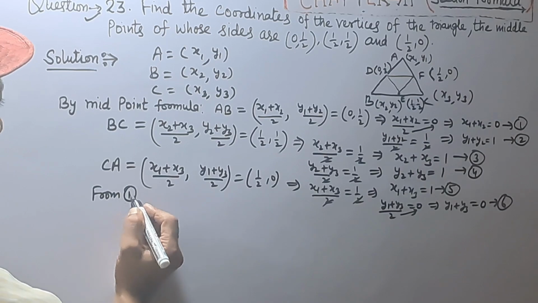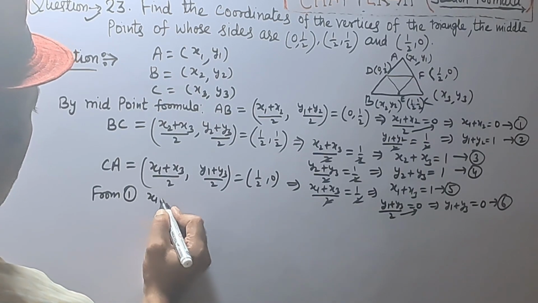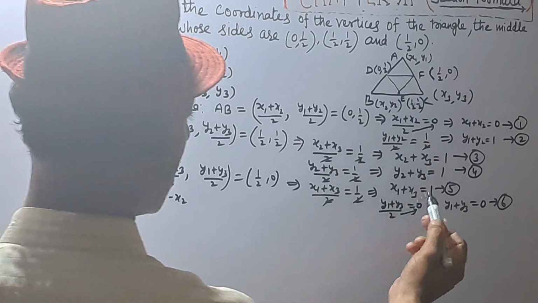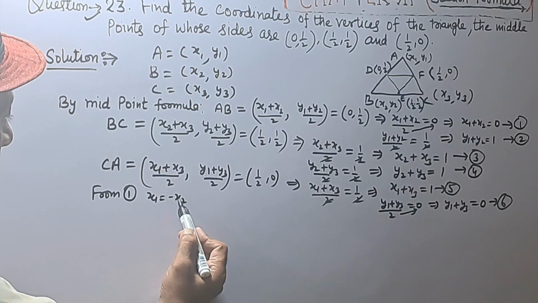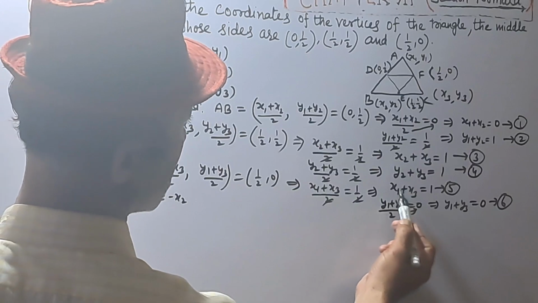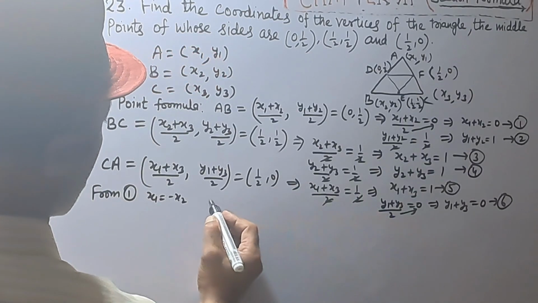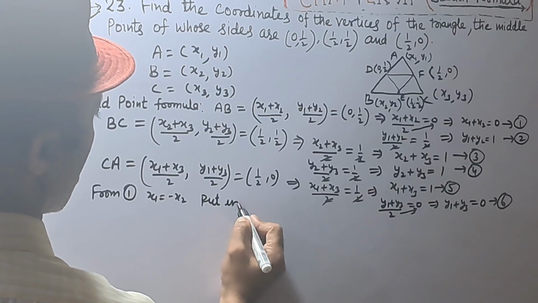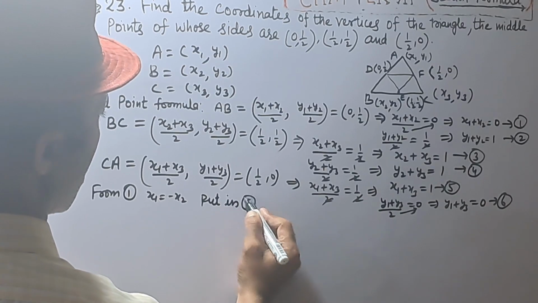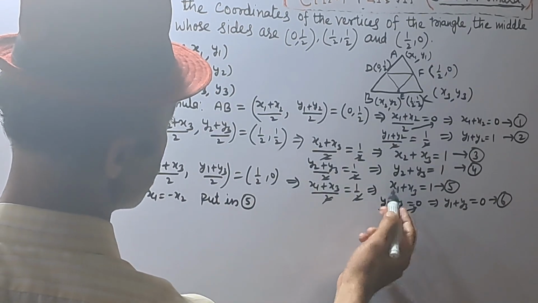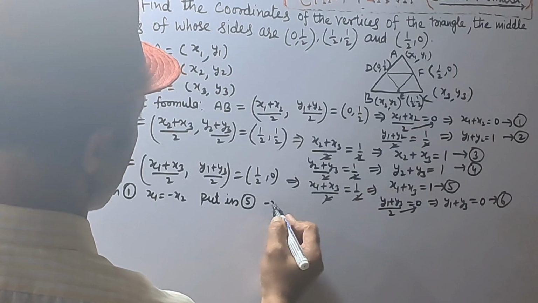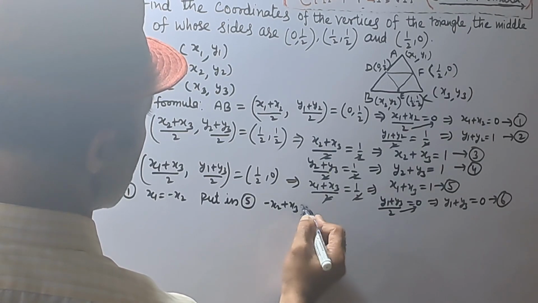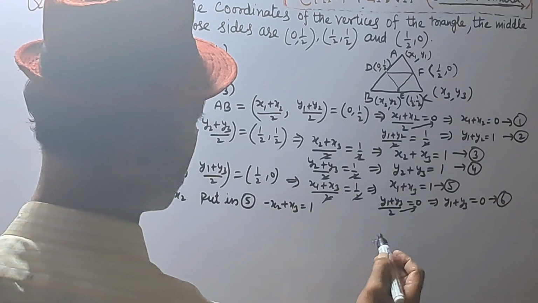From first, x1 is equal to minus x2. And we are putting x1 is equal to minus x2 in equation number 5. Minus x2 plus x3 is equal to 1.